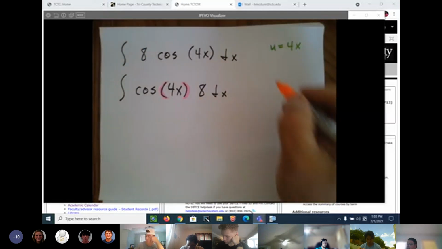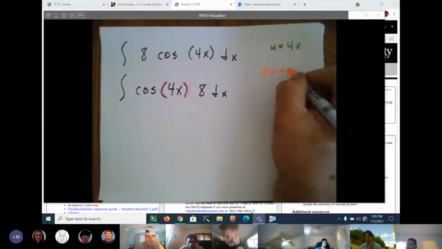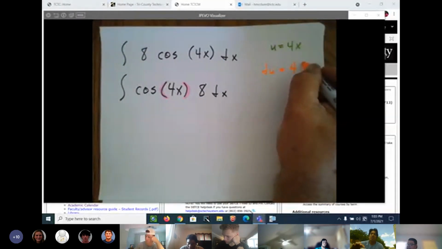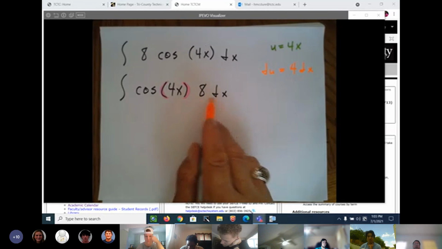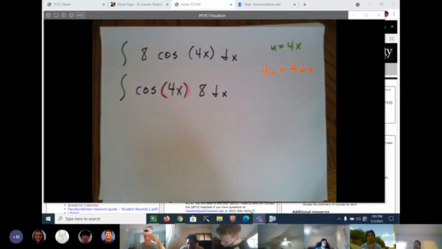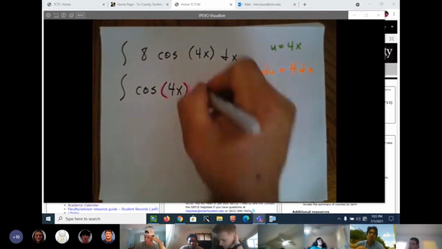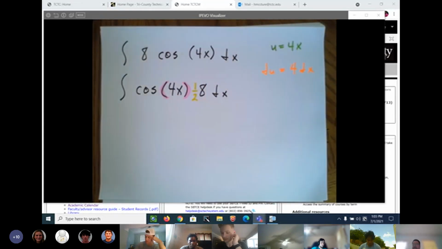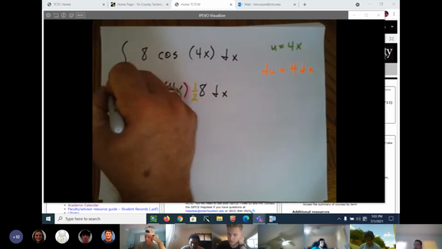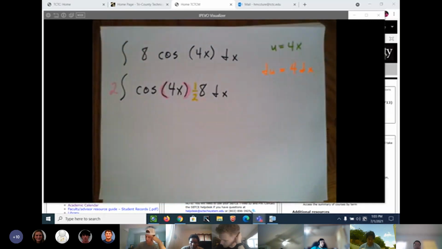du is equal to what? 4 dx. We don't have 4 dx. We've got 8 dx. How do I make a 4 dx into an 8 dx? Multiply by 1/2, which means I've got to multiply the outside by 2.